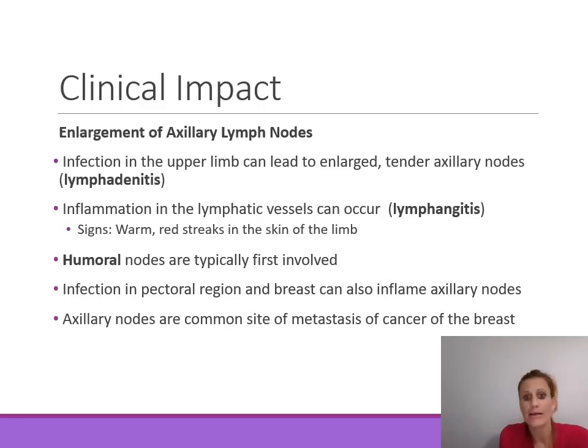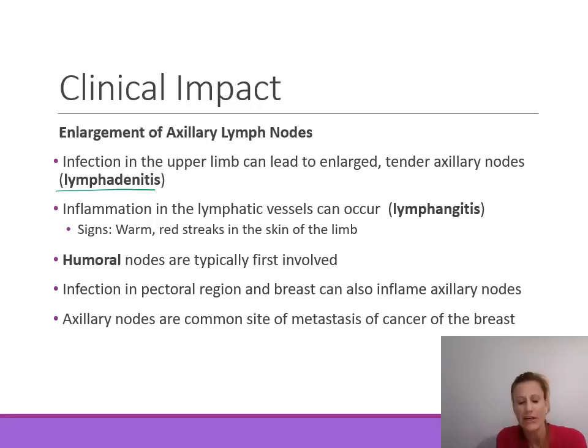Enlargement of the axillary lymph nodes can occur whenever there is any sort of infection in the upper limb or scapular or pectoral regions of breast. Infection in these areas can cause inflammation of the nodes, so swollen, palpable, tender axillary nodes, which is lymphadenitis.